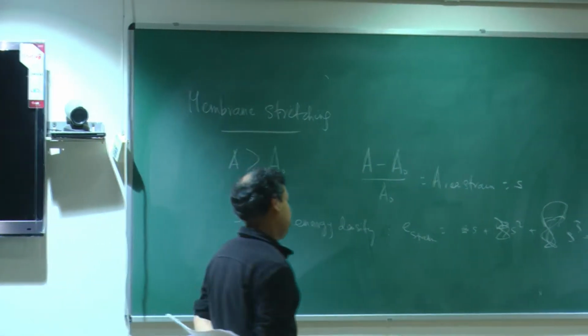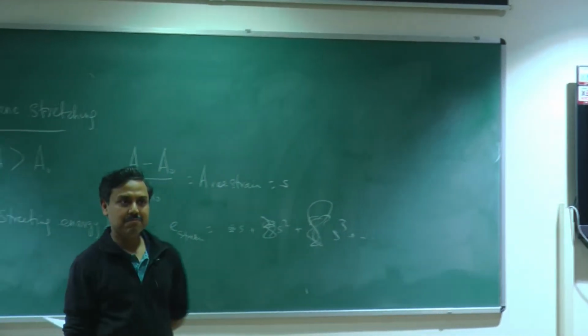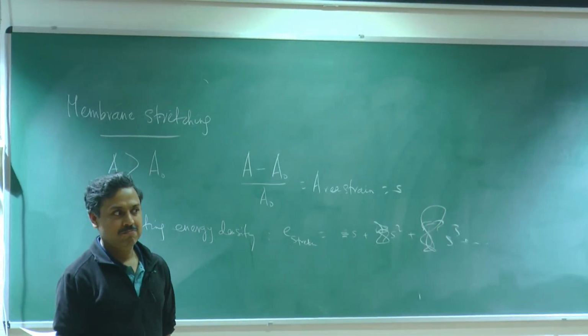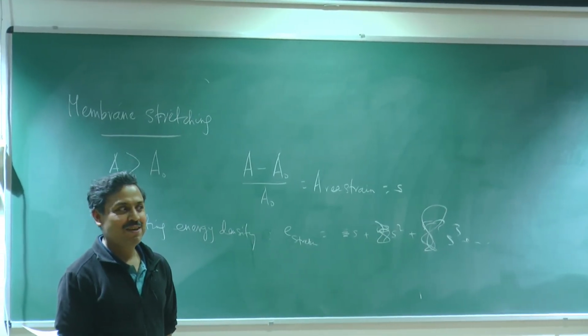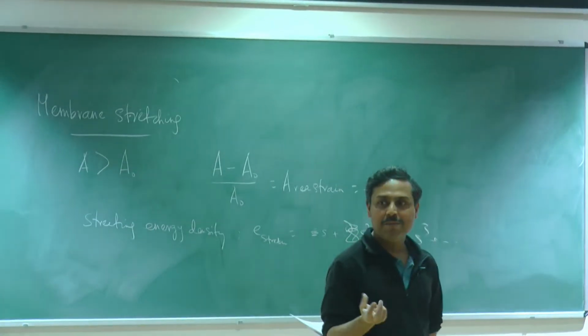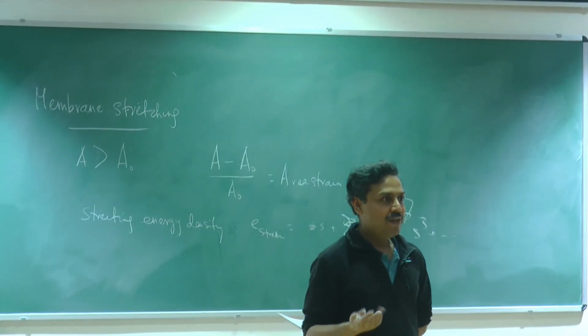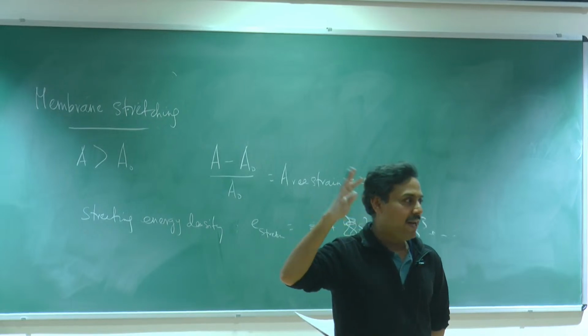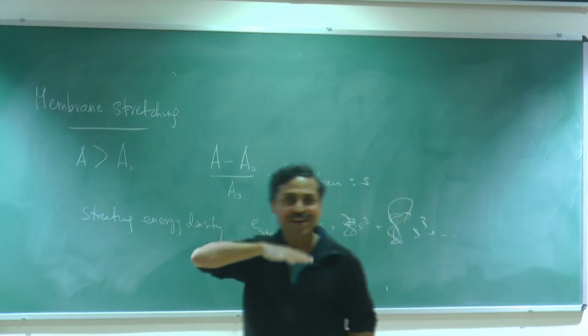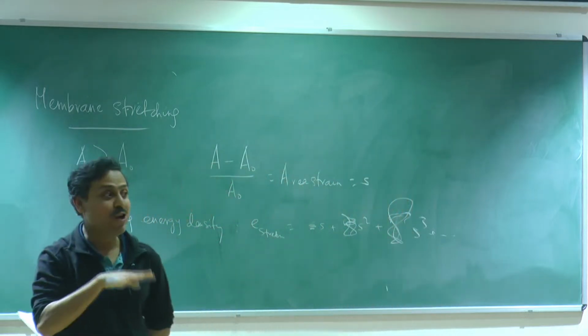The question is, will this work? Can I keep it linear in s? I can't, because I've already told you that the minimum area is A naught. If I want to take the derivative, it cannot be a linear function of s, because that will not give me A naught.